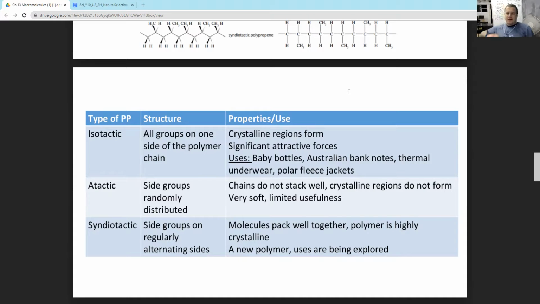Not very good for anything, really. But syndiotactic, because they are on alternating sides, they create stupidly strong plastic.